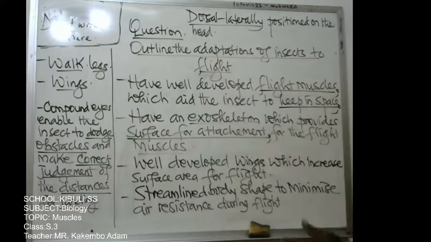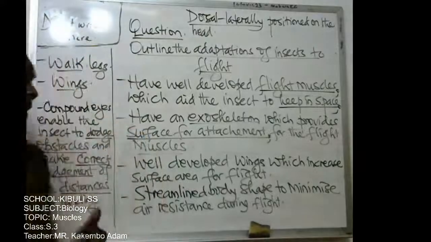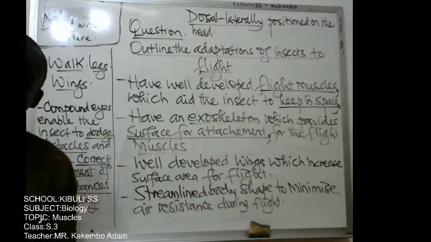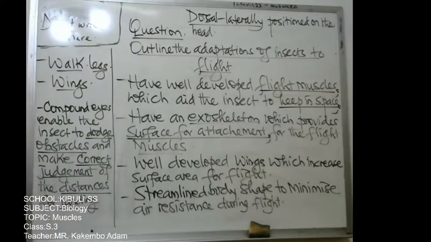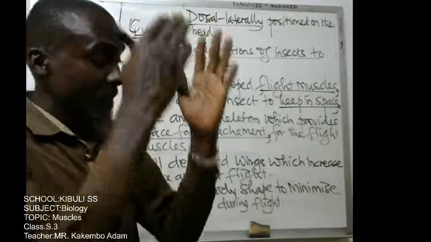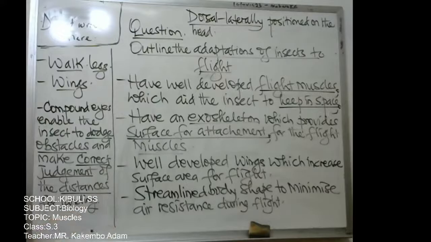But the difference is where the muscles are attached. Direct flight muscles are attached at the base of the wing. Indirect flight muscles are attached to the roof and horizontally, right? Or to the walls of the thorax. As simple as that.